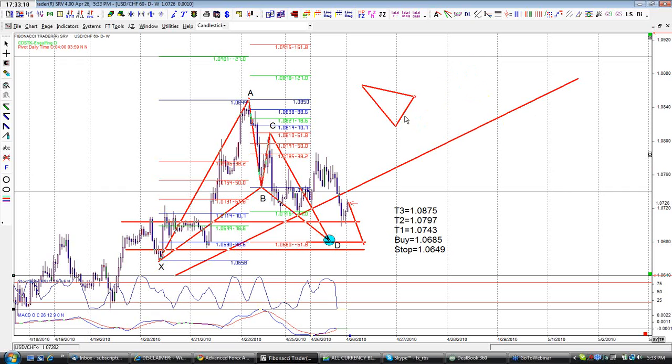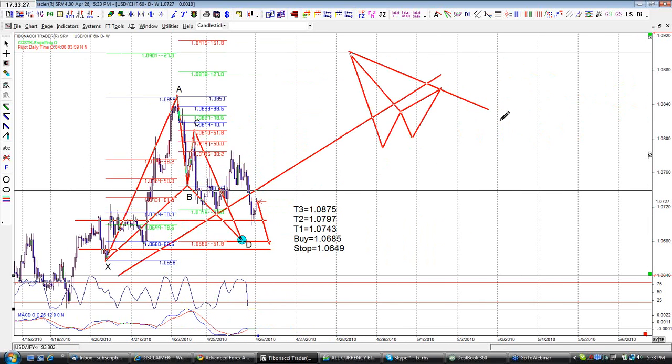If price continues to trade bearish, then we'll start looking for bearish Gartleys, because those patterns are now continuation patterns. Now we are in a downtrend and we'll be looking for continuation patterns. Bat, Gartley, patterns like this.